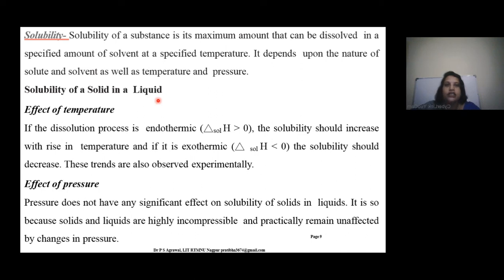A stage is reached when these two processes occur at the same rate, of forming the solution and of particles coming out of the solution. That is the state of dynamic equilibrium, in which solute and solvent are in equilibrium with the solution. At this stage, concentration in the solution will remain constant, because whatever solute particles are dissolving, the same will be coming out in the form of crystals. So this is the equilibrium under the given condition of temperature and pressure.